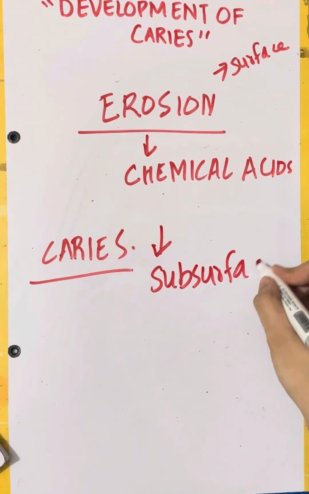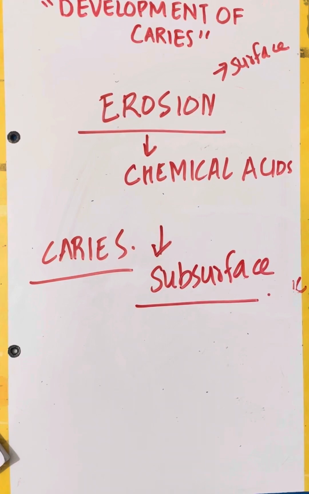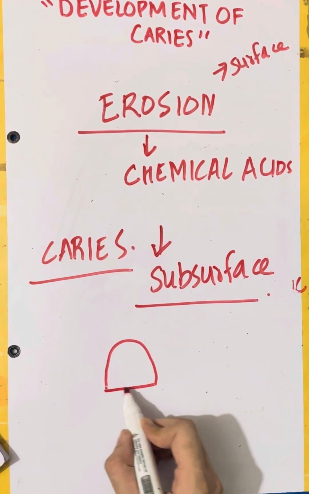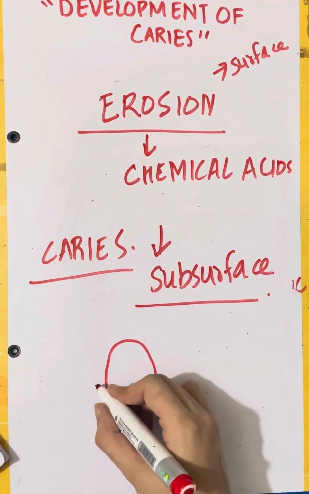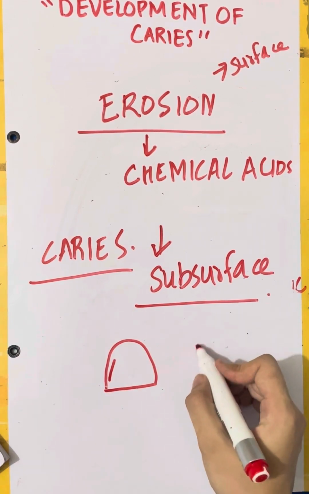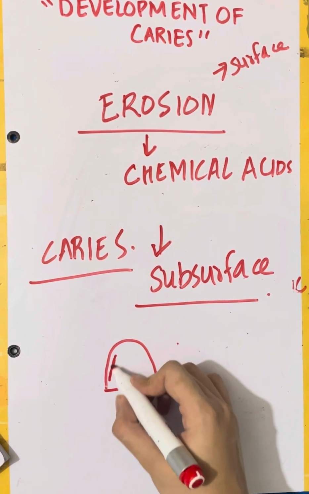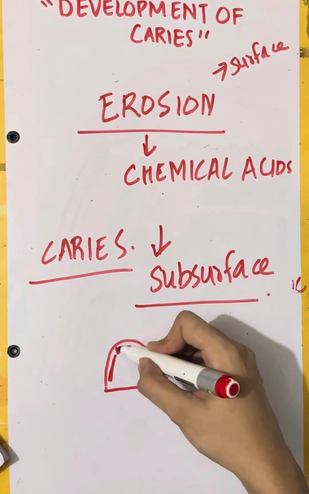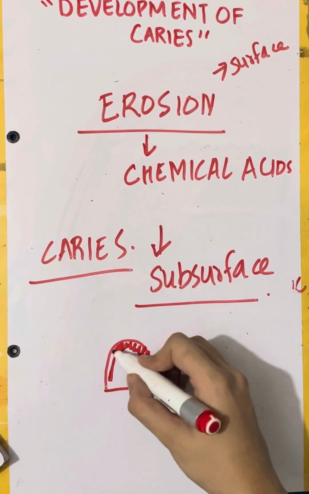Now what is the difference between surface and subsurface phenomena? Subsurface phenomenon means that the mineral is lost beneath the intact surface. For example, consider this is a tooth. Now there are layers. For example, this is an intact tooth surface. We see that there is no surface loss, but inside it there is loss.